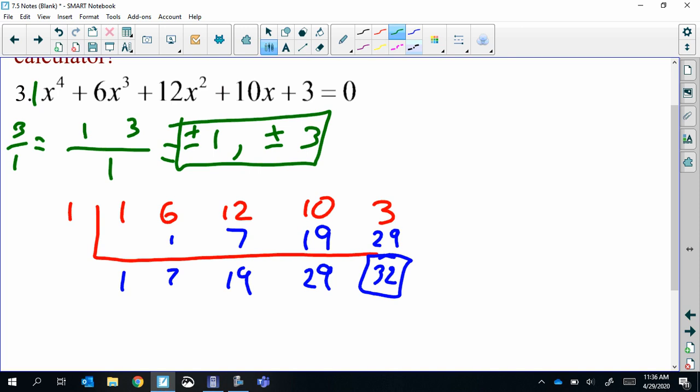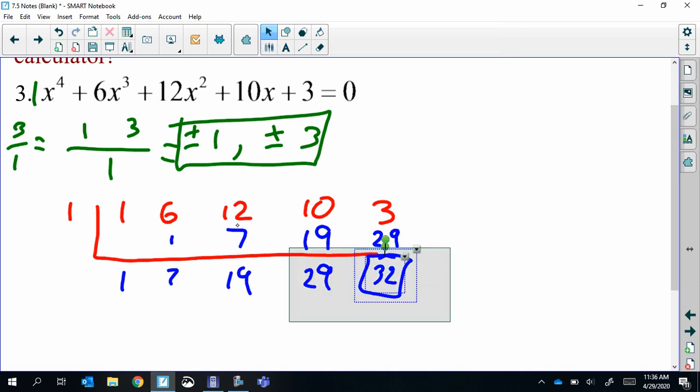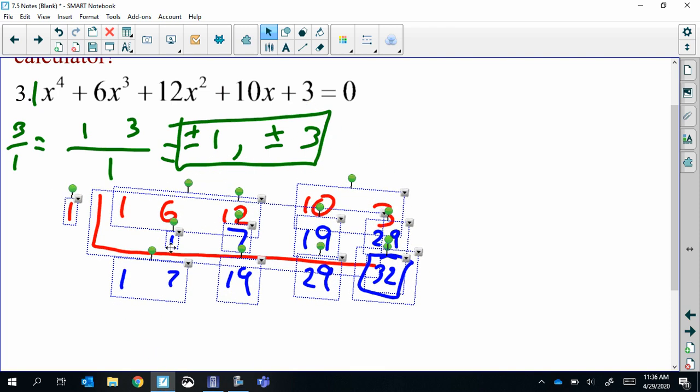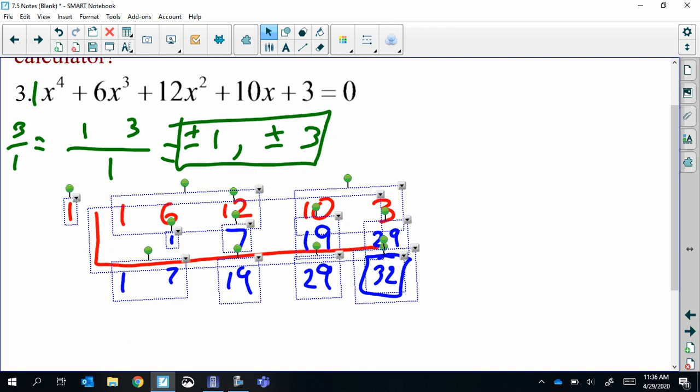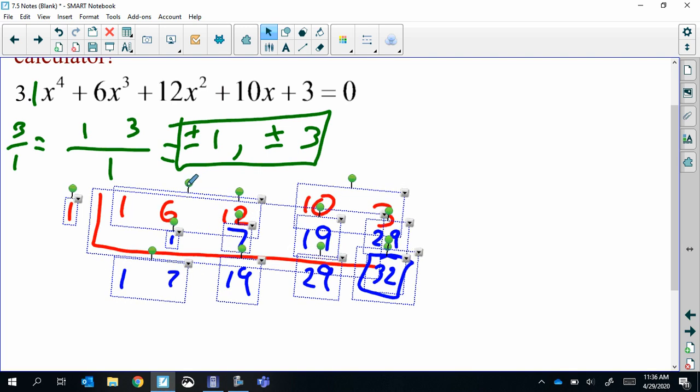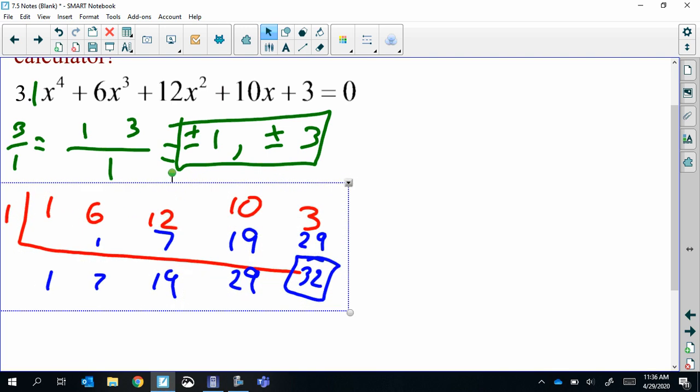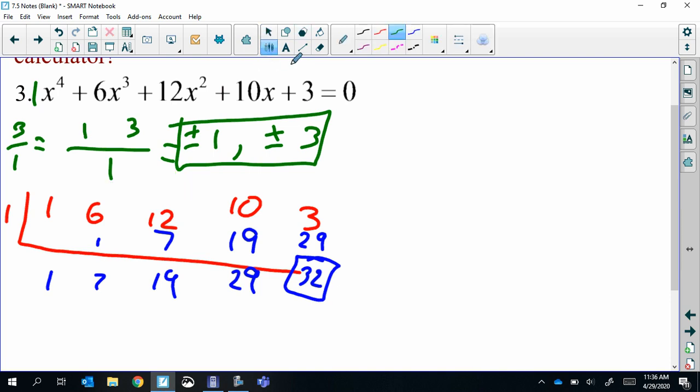Let's try negative 1. Let's scoot this over, provide a little bit more space. All right, so negative 1. And again, our coefficients are 1, 6, 12, 10, and 3.